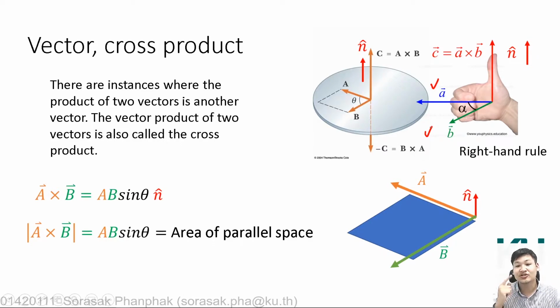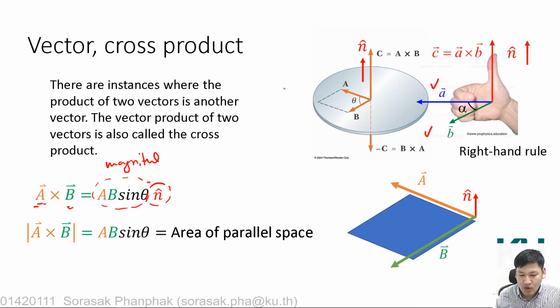So the direction is opposite if you have a different order of vectors in the cross product. As we stated, vector A cross B is equal to AB sine theta in terms of magnitude here. And the direction is according to the right hand rule.